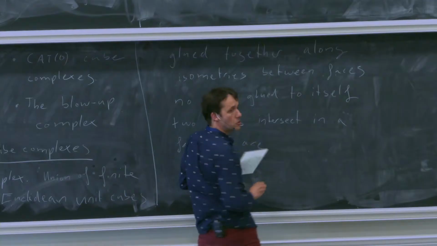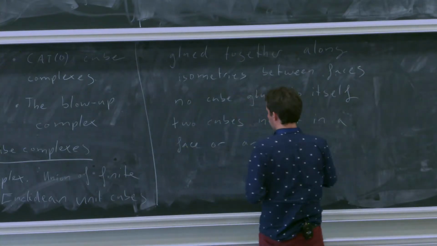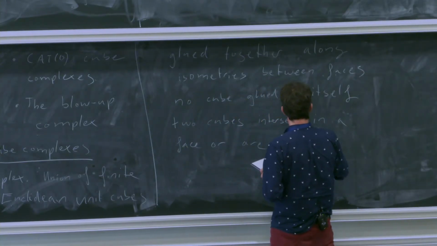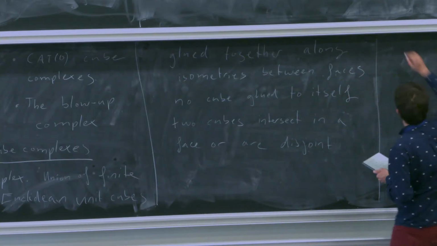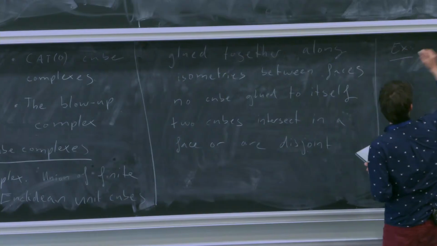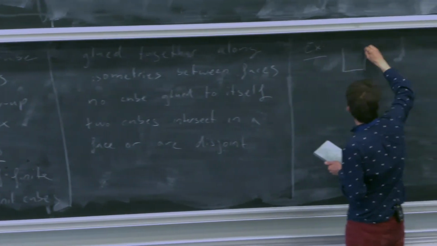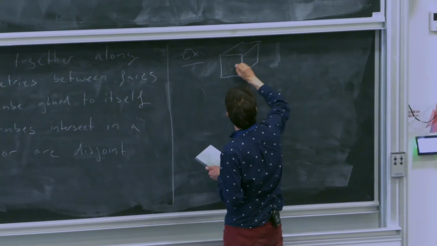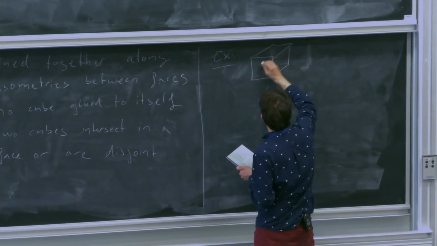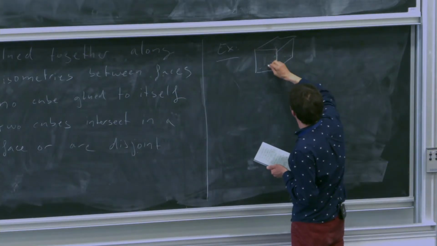Let's just make some examples. Like we can take a cube, for example a 3 cube. Higher dimensional cubes are hard to draw. So this one is a filled 3-dimensional cube.